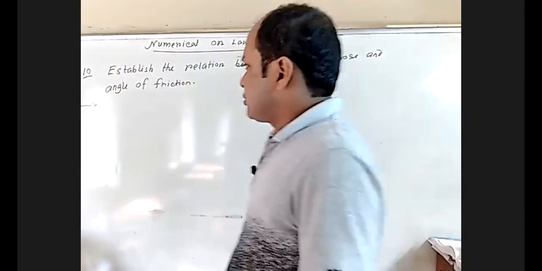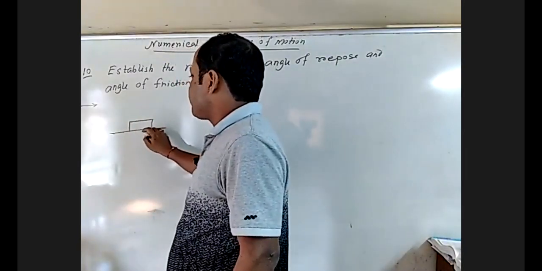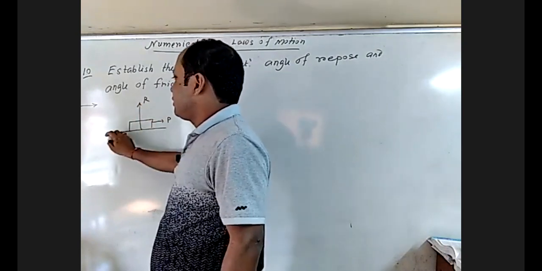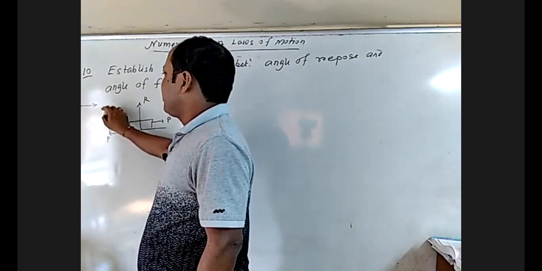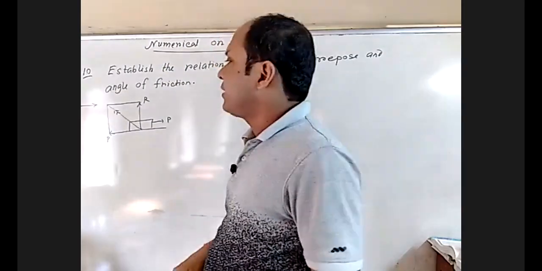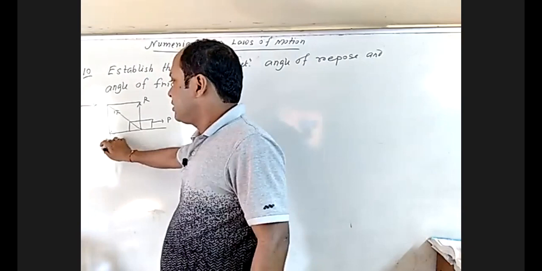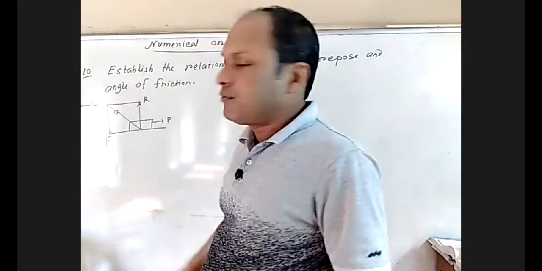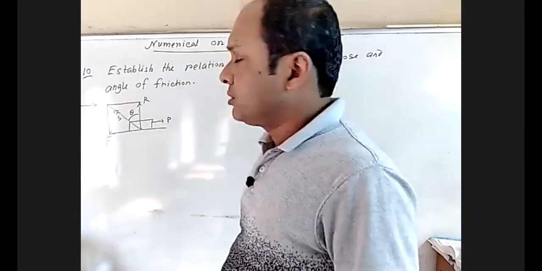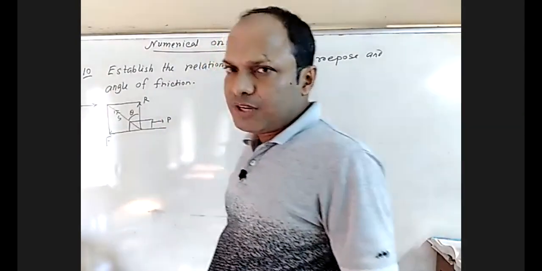In our last class, we have discussed that if this is the normal reaction, this is the applied force, this is the friction force, then we can find the resultant of normal reaction and frictional force, and the resultant makes an angle theta with the normal reaction. This is called the angle of friction.